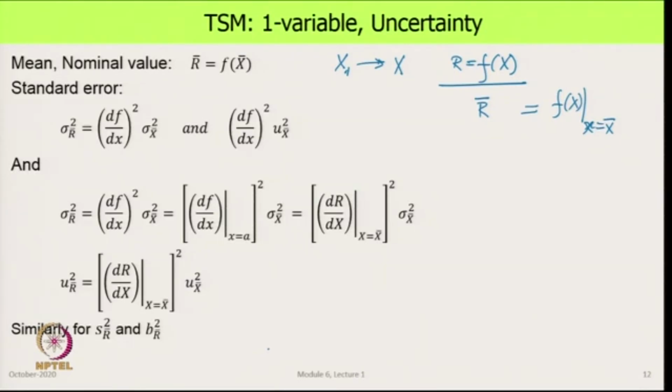And from the previous relation, we can do the statistics on it, and I have skipped those steps, but given those things in the notes, that rigorously we get from statistics that sigma r bar square is df by dx square times sigma x bar square.